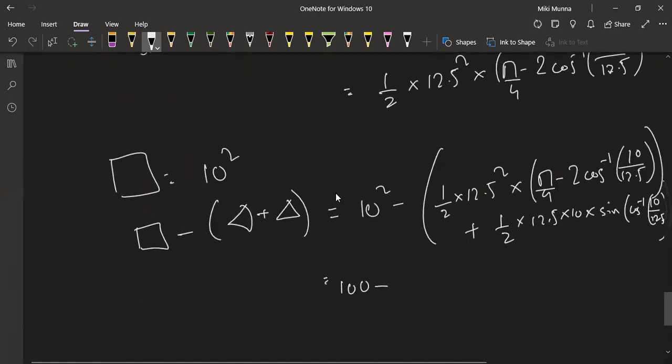So 12.5 into pi over 4 minus twice alpha, which is twice cos inverse 10 divided by 12.5. And we are left with... just a minute.